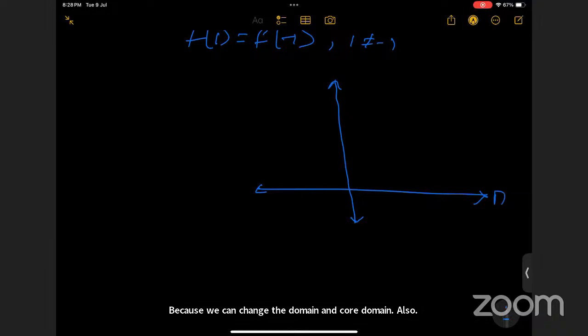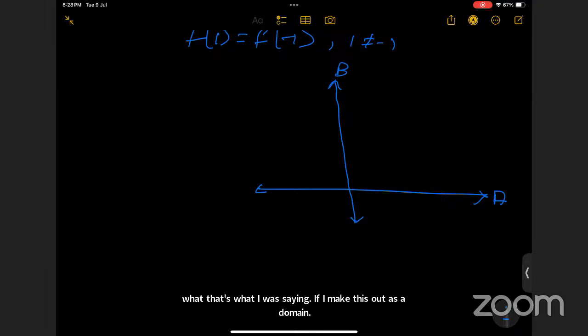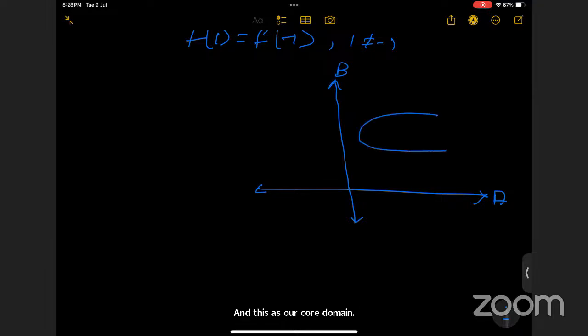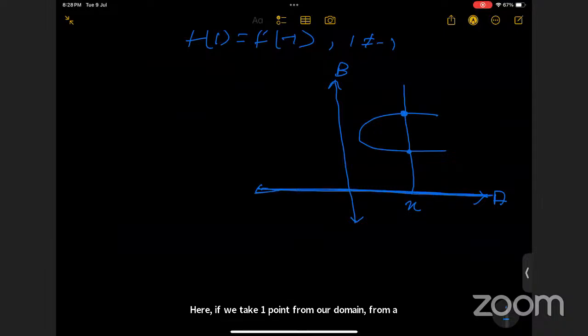That's what I was saying. If I make this our x-axis as a domain and this as our codomain, if we take this function, then this is a vertical line test, and it will fail the test, right? So here, if we take one point from our domain, from A, then it will cut here at 2 points.